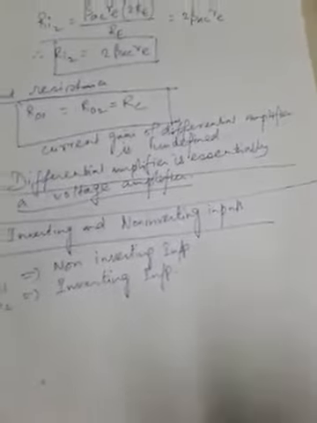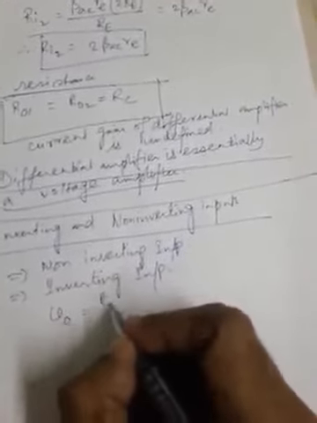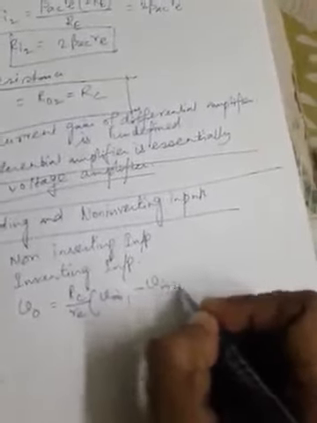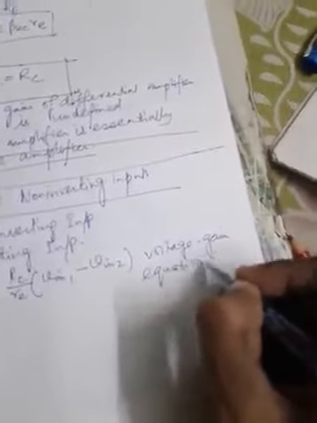the equation once again which we have derived, the voltage gain equation, VO equals capital RC by small re into V in 1 minus V in 2. This is called the voltage gain equation of differential amplifier.